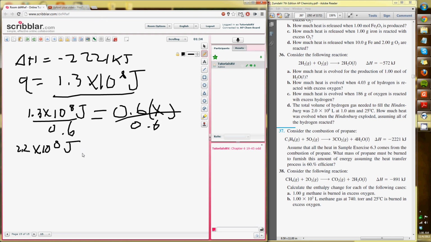And then from that, you're supposed to find the mass of propane that must be burned to furnish this. Okay, so you just do 1 mole of C3H8 over 2.2 times 10 to the 6th.